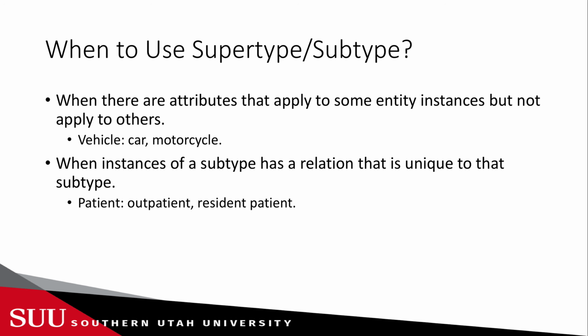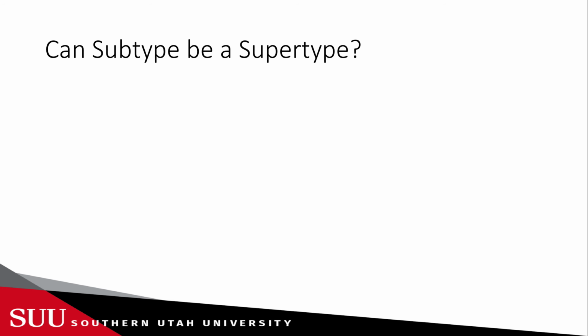For example, patient, as we see in outpatient and resident patient, where only resident patient is assigned a bed. So even if we have the same attributes but a different relationship, we can model this as subtype and supertype.